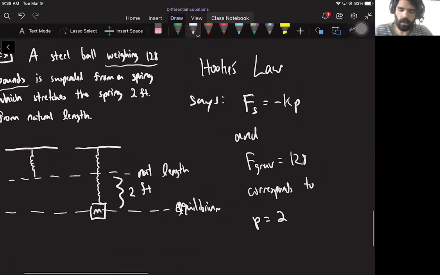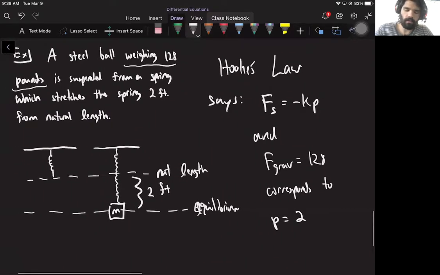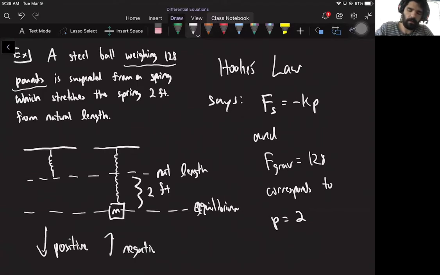Notice we are considering down to be positive and up to be negative. So gravity is pushing down, so it's positive 128, and the stretch is going down, so it's positive 2 feet.